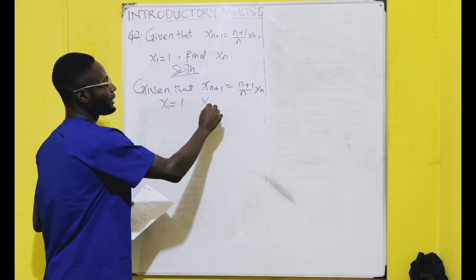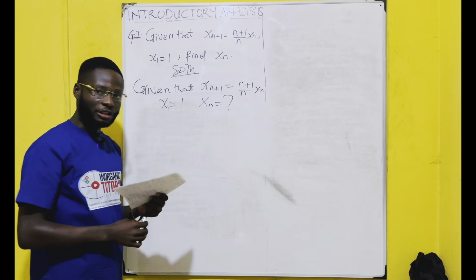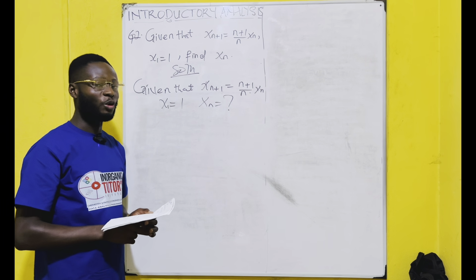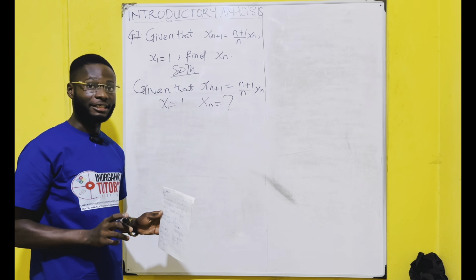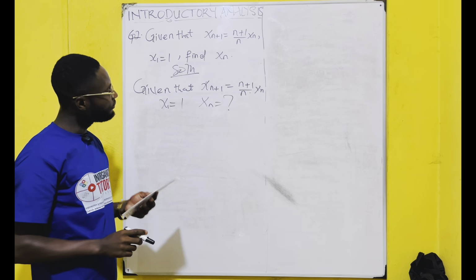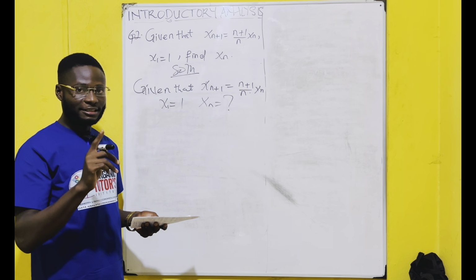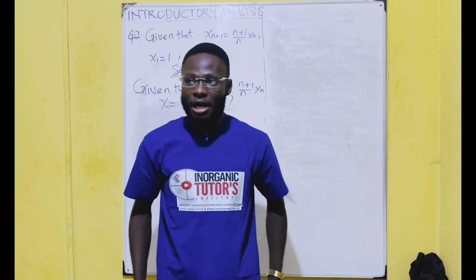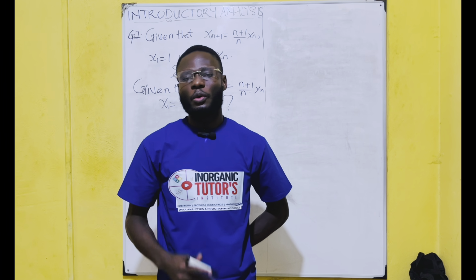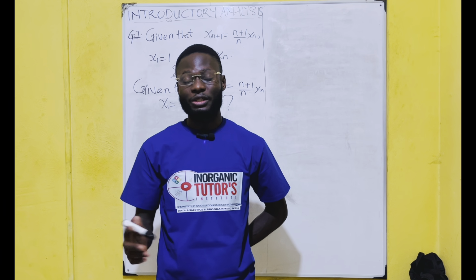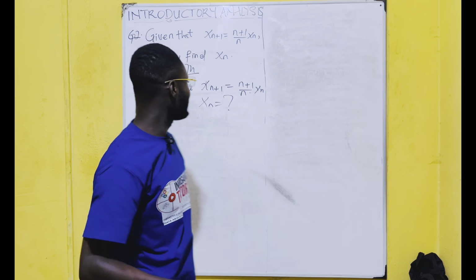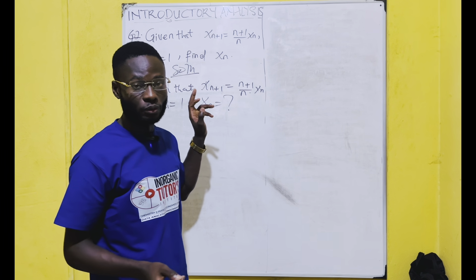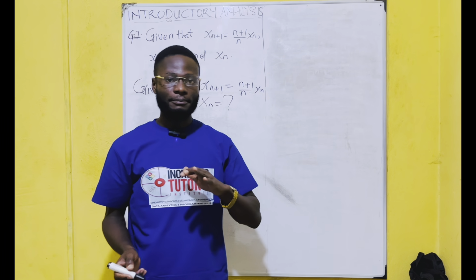So xn is a question mark. As I said, it's one of the easiest that we can have. So how do we find Sn? First of all, what we have to do is let n equals 1. We start from 1, because they give us S1 is equal to 1.